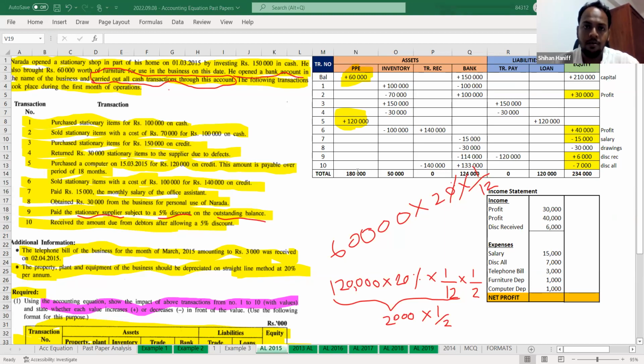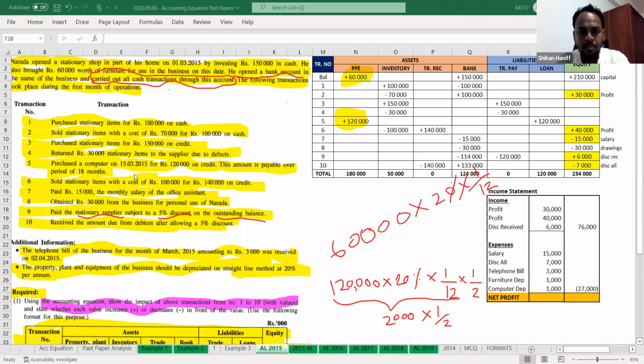All right. Now let's see. How much is the net profit? It's the month of March. Yes, this is month of March. 15th March only we have purchased the computer.